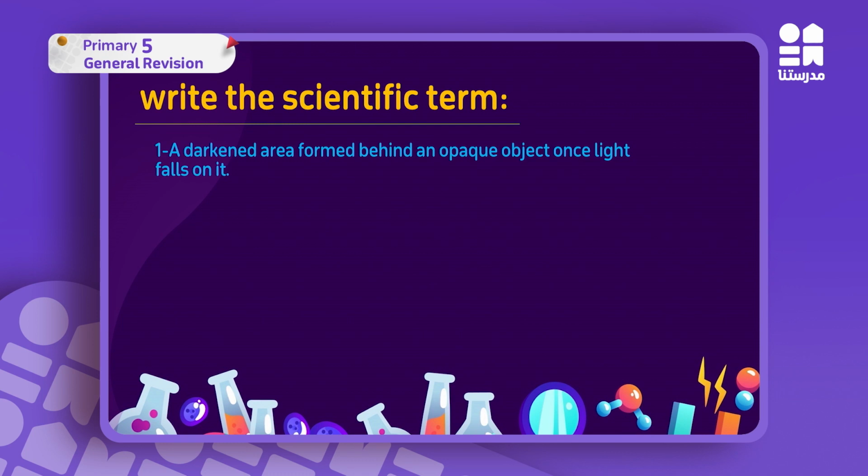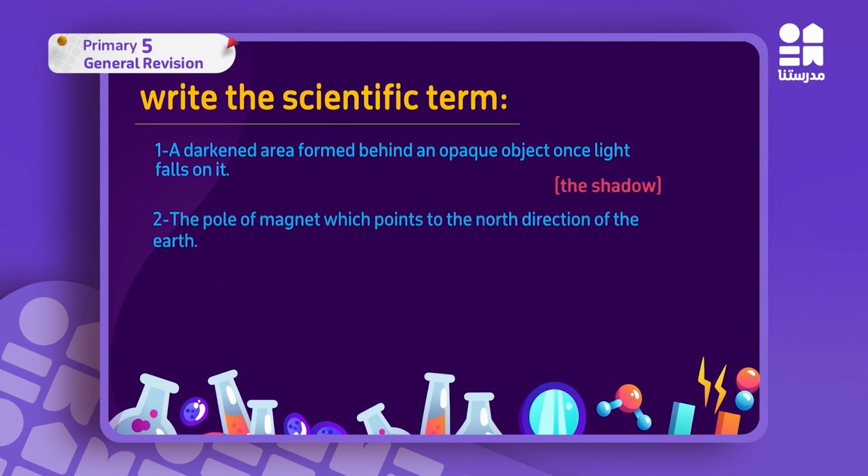Next question, write the scientific term. A dark area formed behind an opaque object once light falls on it. So when light falls on an opaque material, it will form the shadow. The next question, the pole of magnet which points to the north direction of Earth.